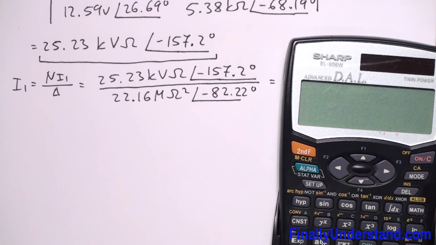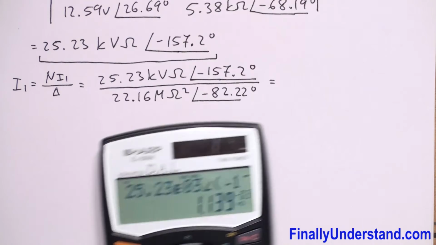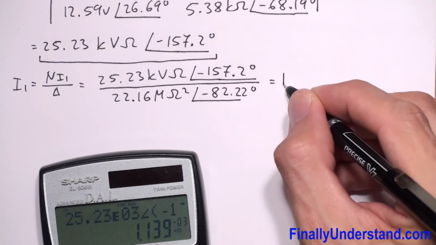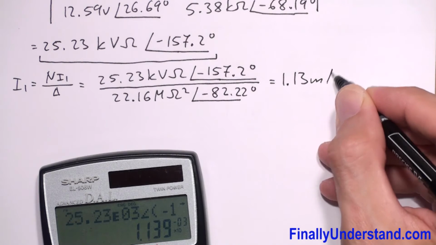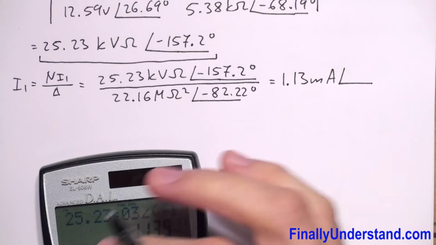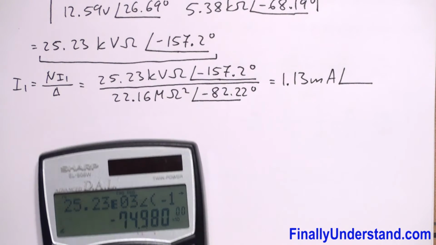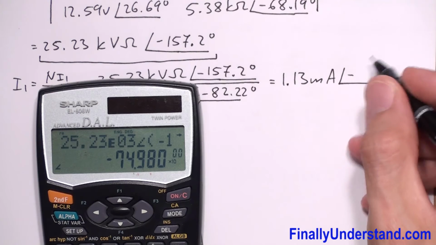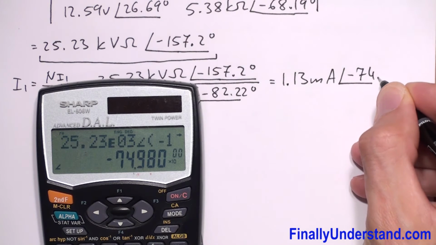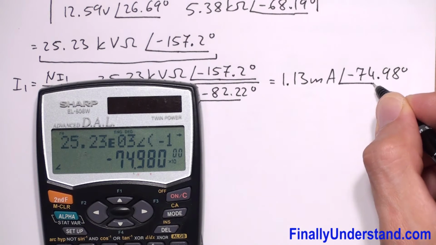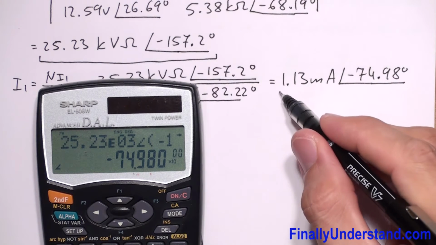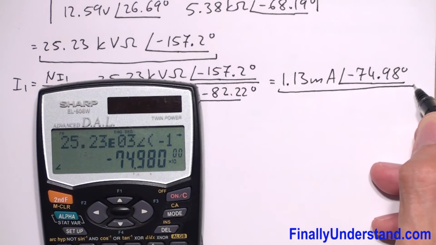This is equal 1.13 milliamps and angle of negative 74.98 degrees. So this is my current I1.